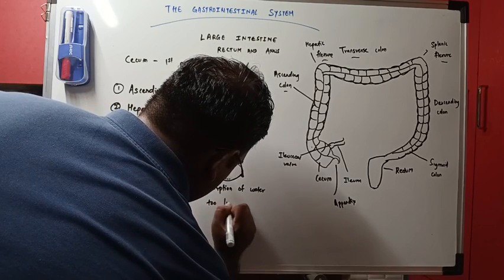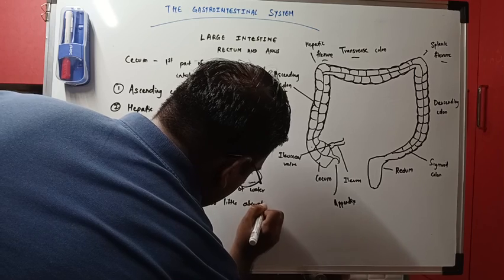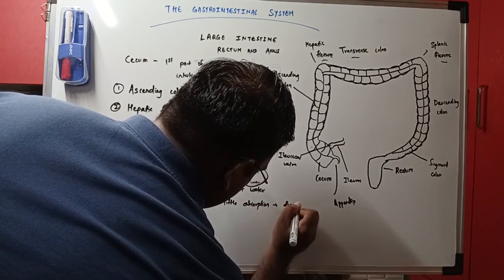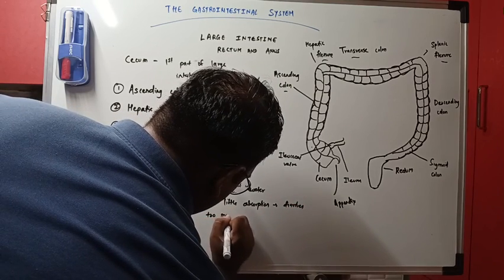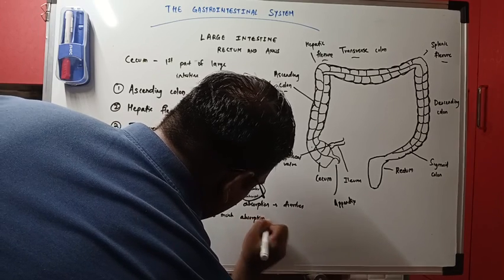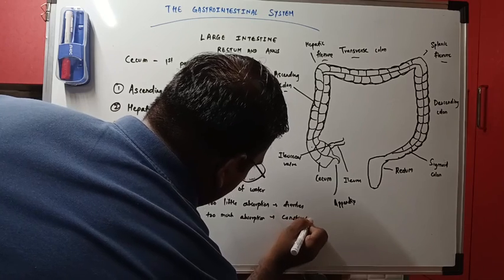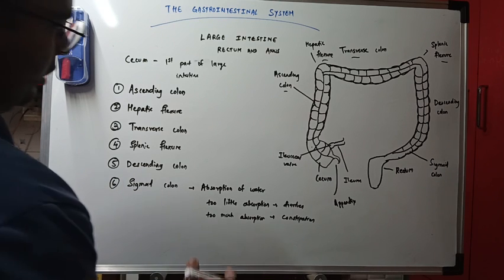Too little absorption leads to diarrhea, and too much absorption leads to constipation. There is a specific life-threatening disease regarding it, called cholera. We'll see it later. For now, we have to focus on this.